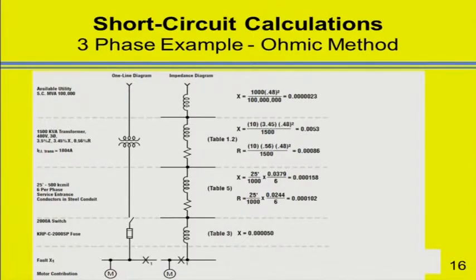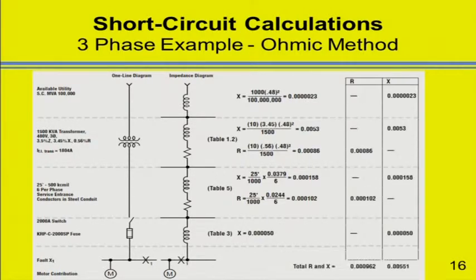So these are just standard electrical formulas that are used to calculate the impedance in this system. And once we do all the calculations, then we bring those over into a table, so I can add all the resistances together and all the reactances together, and I end up with a total resistance and total inductive reactance. And so that's what's going to impede the fault current.